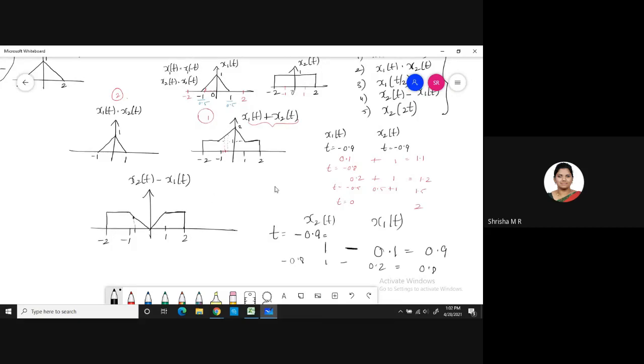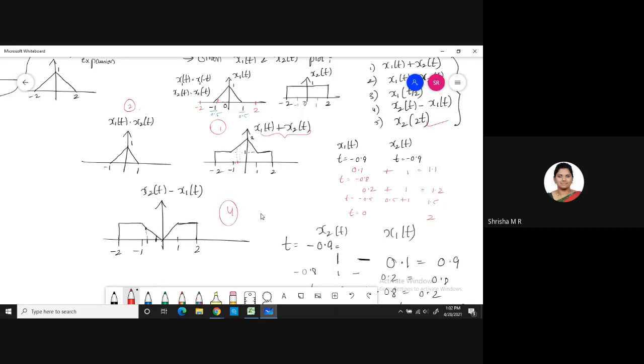So at t is equal to minus 0.2, x2 of t is 1, whereas x1 of t at 0.2 is 0.8. 1 minus 0.8 will be 0.2. So at t is equal to minus 0.2, the amplitude will be 0.2. Got it? At t is equal to 0, you have 0 again. 1 minus 1 is 0. Got it, everyone? This is just for verification. So that is the fourth plot.